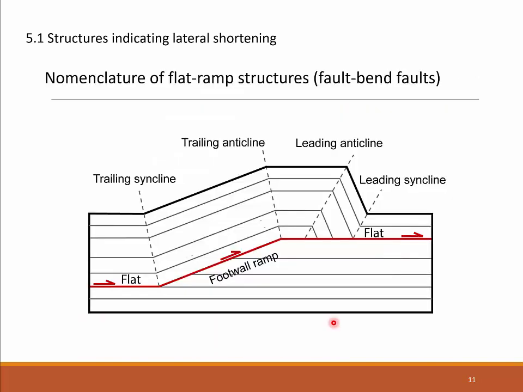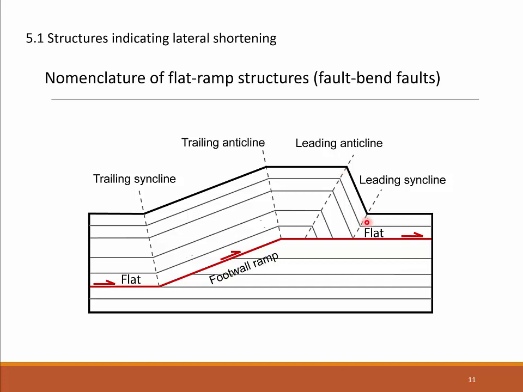Schematically, a flat ramp structure consists of more than the ramp and the flat faults. We find schematically here a trailing syncline, a trailing anticline, and the counterparts here of the leading anticline and the leading syncline.